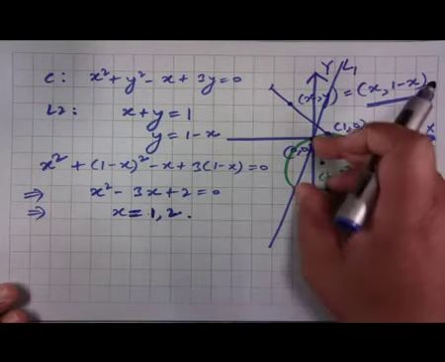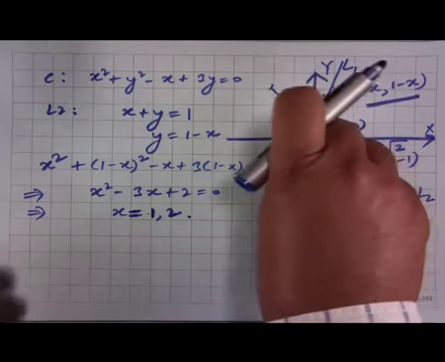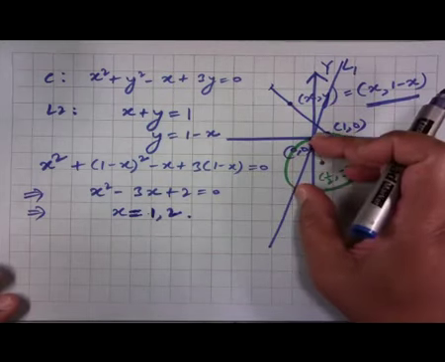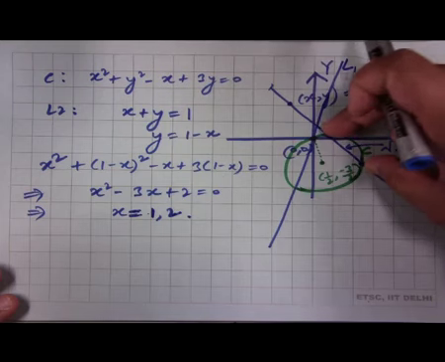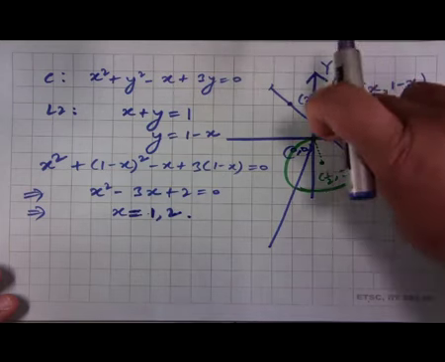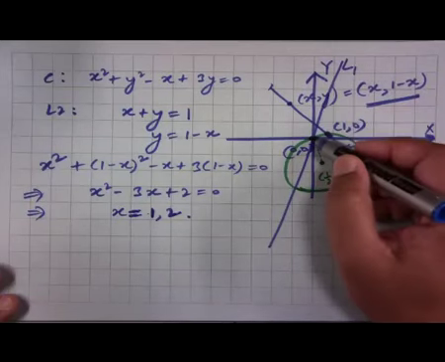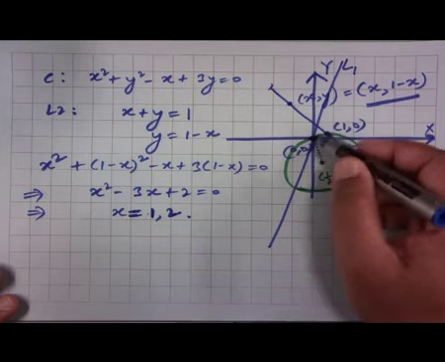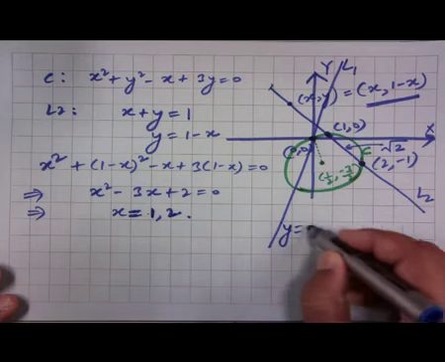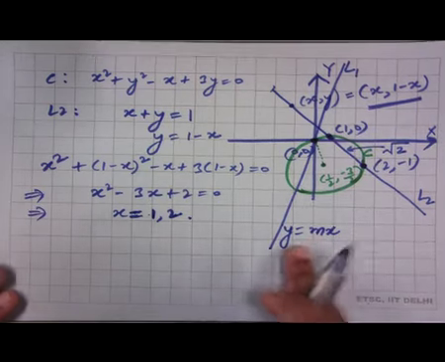and it is said that this straight line also makes an intercept on the circle, and the length of the intercept should be the same as the length of the intercept made by L2, which is square root of 2. Since this line passes through the origin, the general equation of this line will be y equal to mx, where m is the slope of this line.